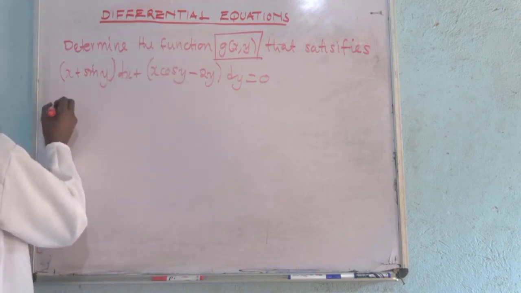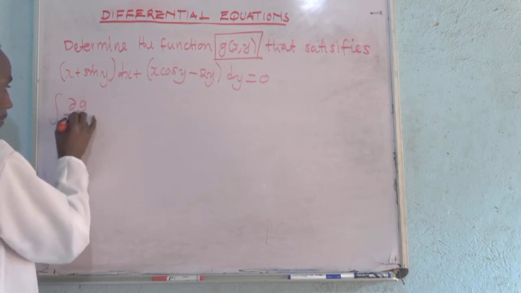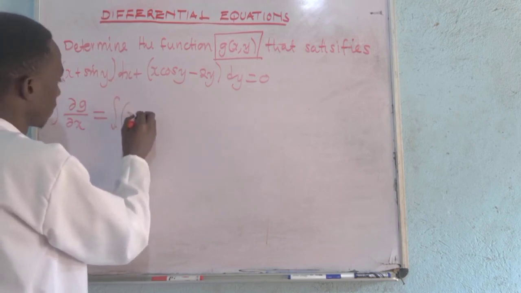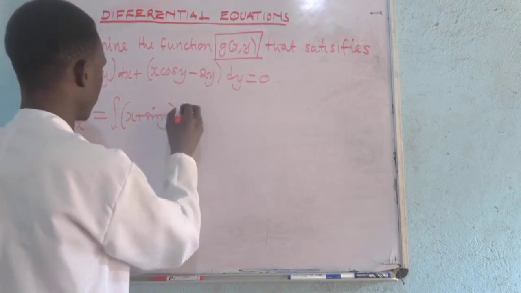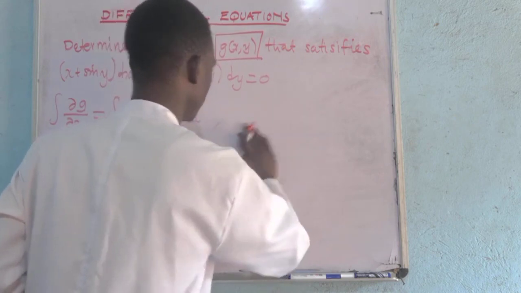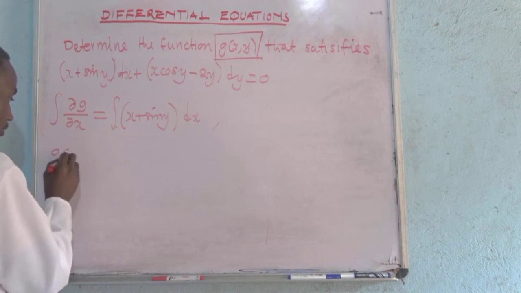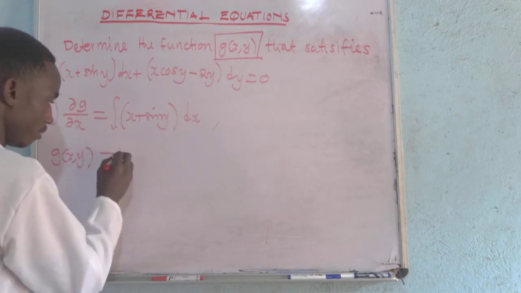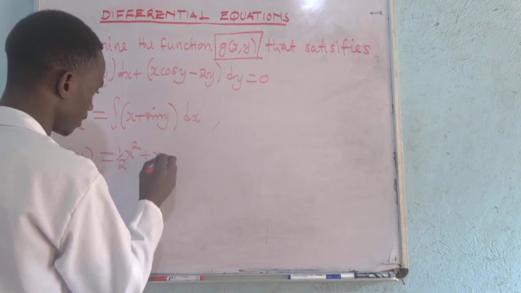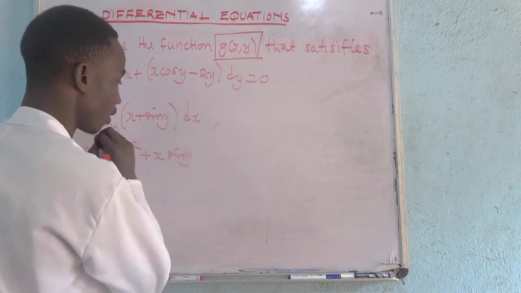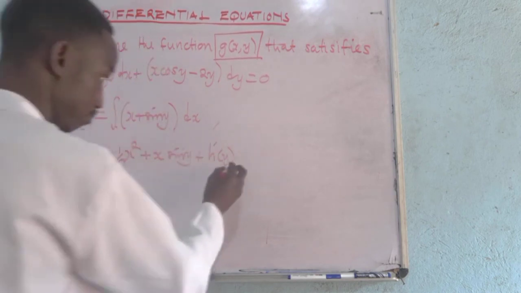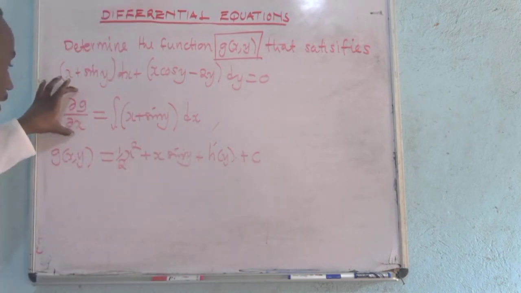So here we only end up with g of x of y being equal to x squared plus x sine y, like this. Then plus the constant.